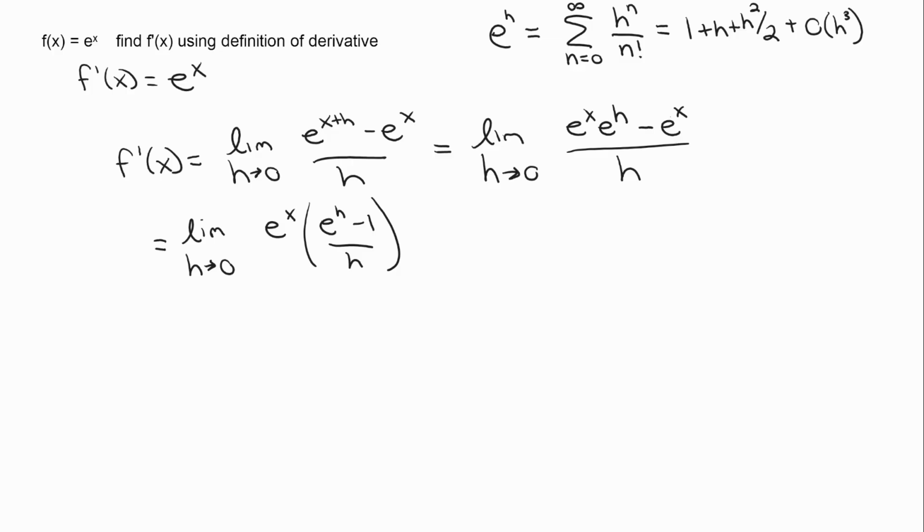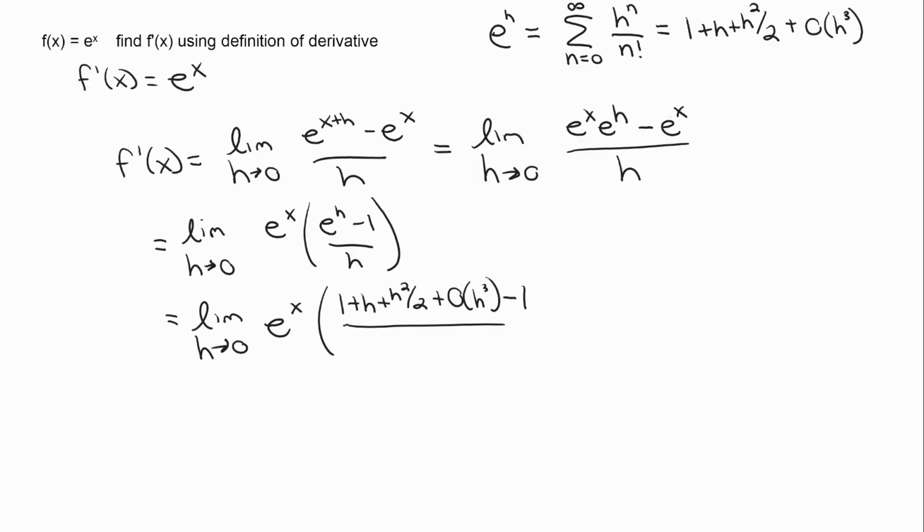So we can use that, plug it into our e to the h, and end up hopefully solving for our limit here. So we do the limit of h approaching 0, multiply by e to the x, and we plug that into our numerator here. We're going to have 1 plus h plus h squared divided by 2 plus O of h cubed, which is just anything higher in terms that we're not really going to care about in this specific case, minus 1 from before, divided by h. So now that we can see, we can have terms that we can cancel out in the numerator.